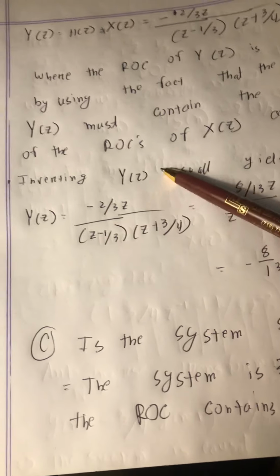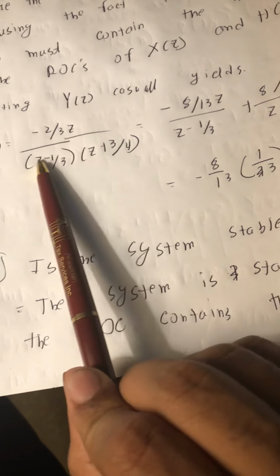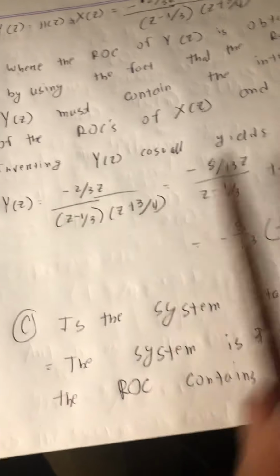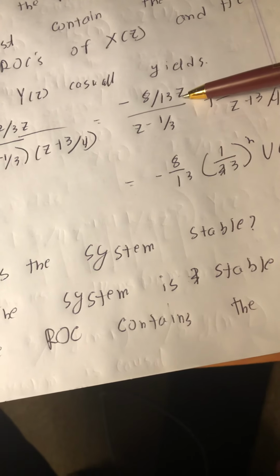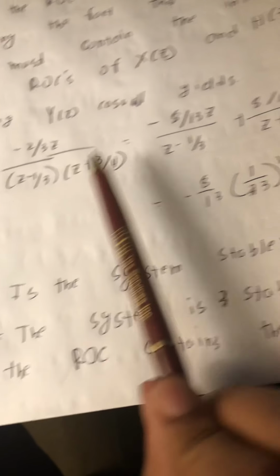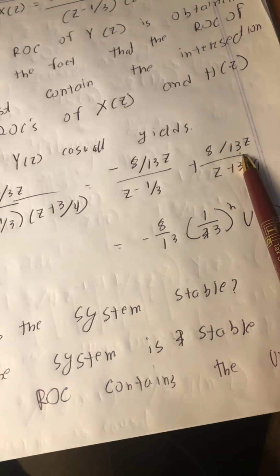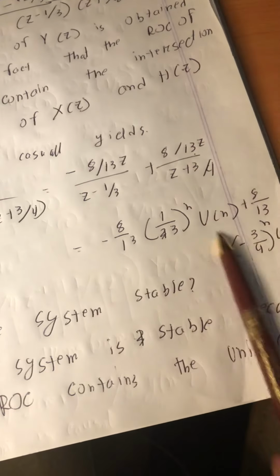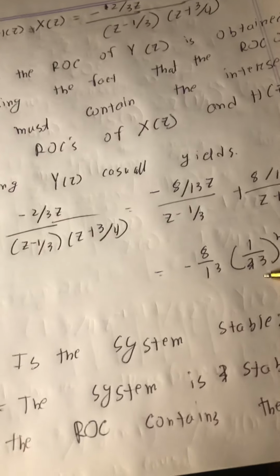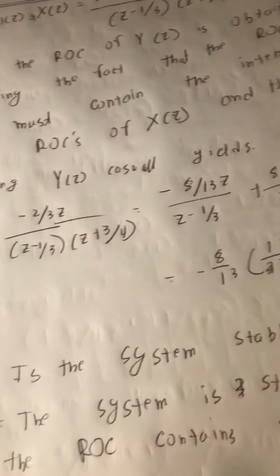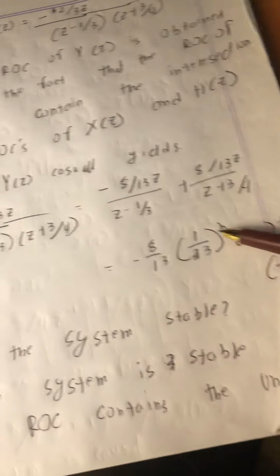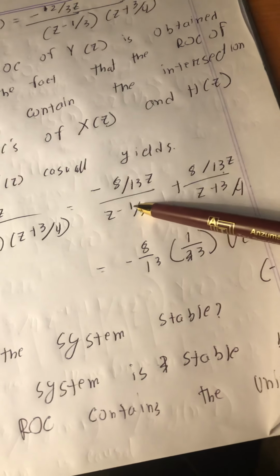Now, inverting the Y(z) that we just found, it's negative 2/3 z, which I already wrote right there, so I'm just rewriting it. If we do partial fractions, we get negative 8/13 z over the first denominator plus 8/13 z over the second denominator. From here on, we can do the inverse z transform. Negative 8/3 will come out, and it will be (1/3)^n u[n], since that's already negative.